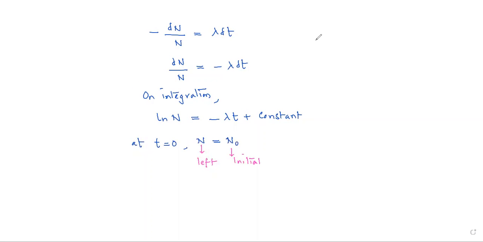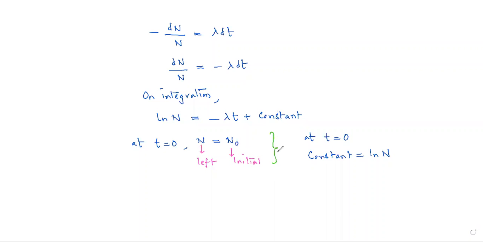Now, similarly, on the other end, at a time t equal to 0, we can write the constant as equal to ln N0, right? Considering two things at a time.